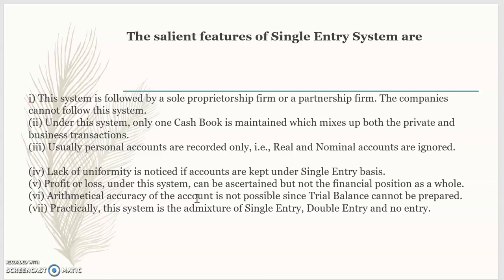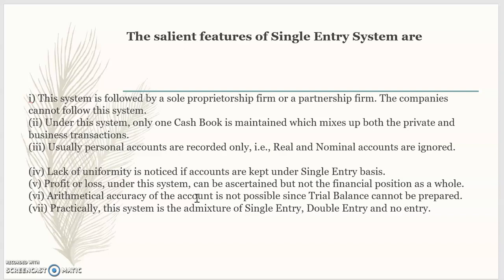Profit or loss under this system can be ascertained, but not the financial position as a whole. They prepare only a statement of affairs and not a balance sheet. Arithmetical accuracy of the accounts is not possible since a trial balance cannot be prepared, and practically the system is an admixture of single entry, double entry and no entry.